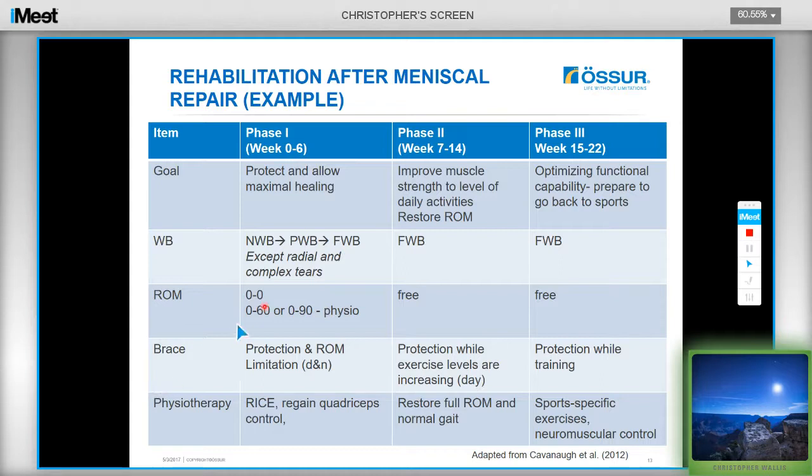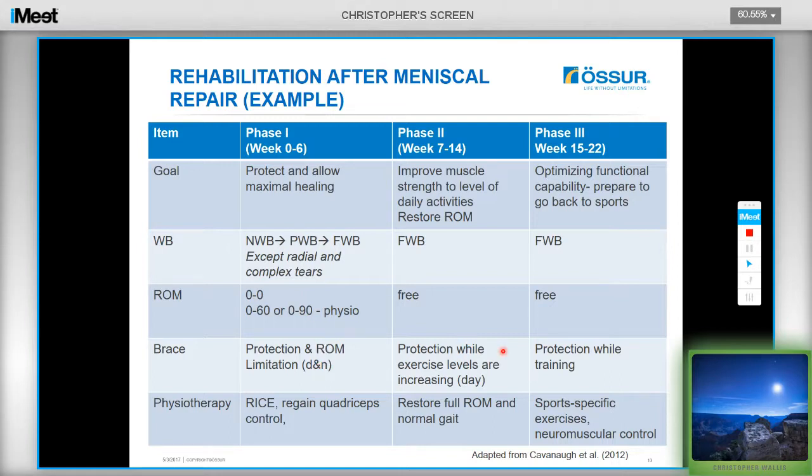They will be in a knee immobilizer for the first 6 weeks, apart from when they have physio, at which time for 2 weeks they'll allow 0 to 90 of passive motion, and they want to avoid active knee flexion. Beyond 2 weeks, they'll allow free motion, but in a controlled setting only for physio, and then back into a knee immobilizer for the remainder of the day for that first 6 weeks.